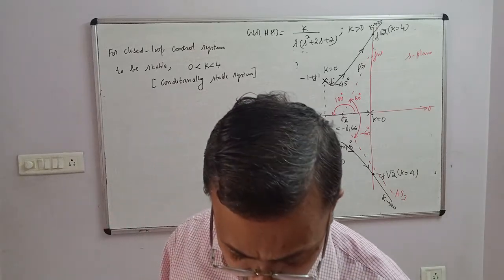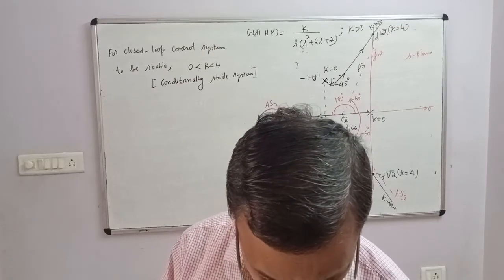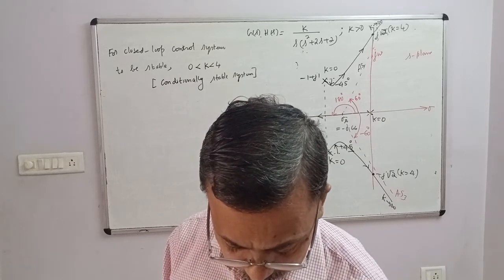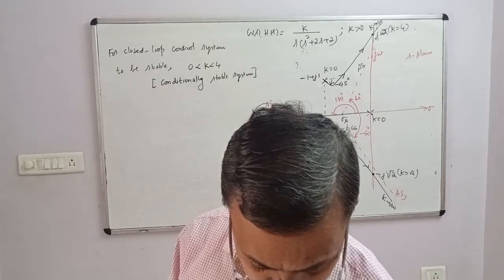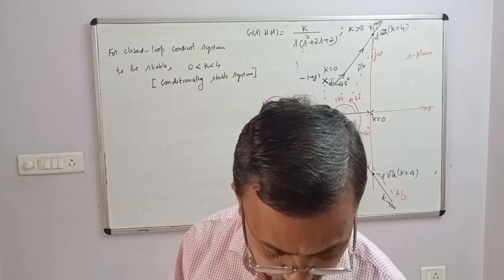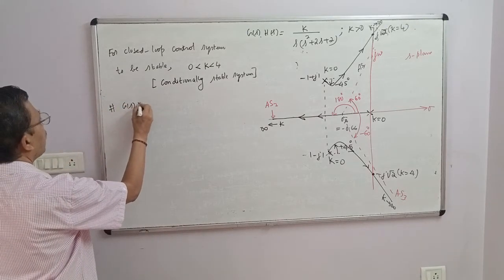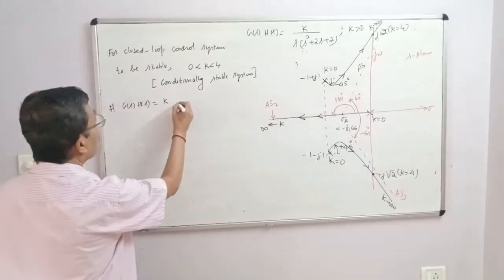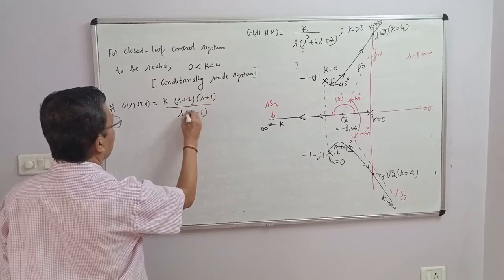One problem I will give you as homework. This you have to work out. The problem is: G(s)H(s) is equal to k into (s plus 2) into (s plus 1) divided by s into (s minus 1).